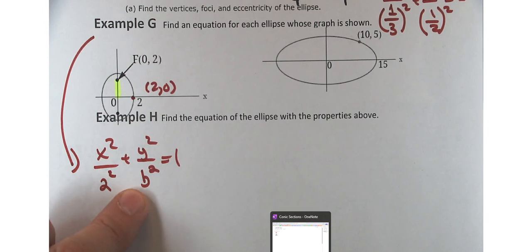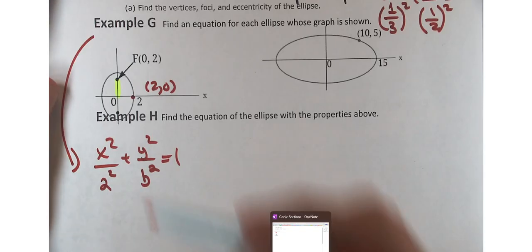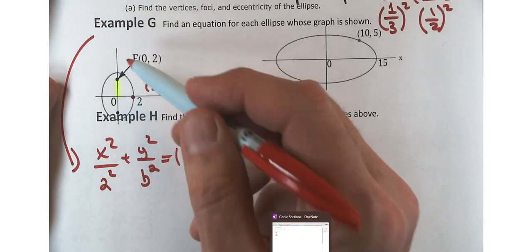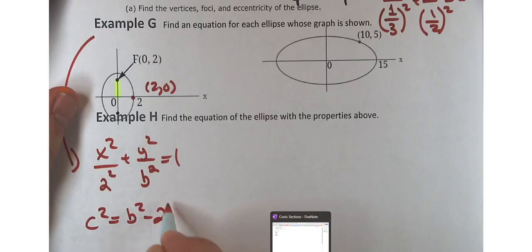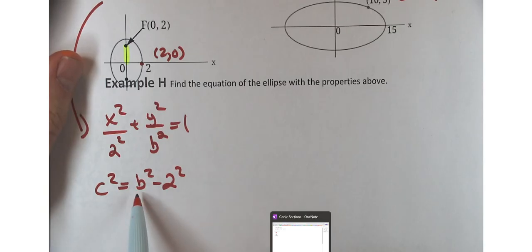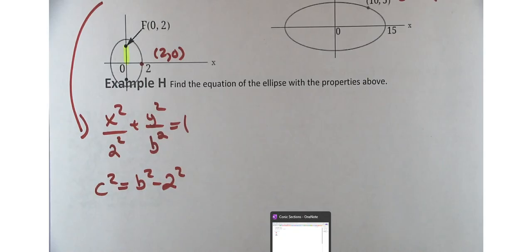Well, which one of these has to be bigger? b or the 2? b. Because the major axis is in the y direction. So that's going to give me c squared equals b squared minus 2 squared. The larger one minus the smaller one. But wait, I know something about c. What does c have to equal?